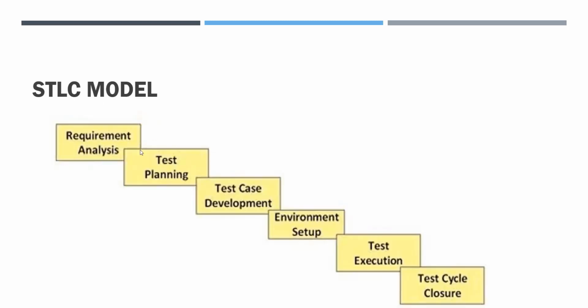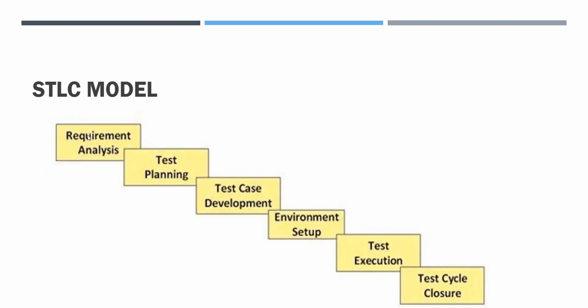This is the STLC model. Like the SDLC model, the STLC model also starts with requirement analysis. Requirement analysis is the first step of STLC. How does it basically work? Whenever a company gets a requirement from the client, first of all, the business analyst or the product manager gets the requirement and gives it to the testing team.